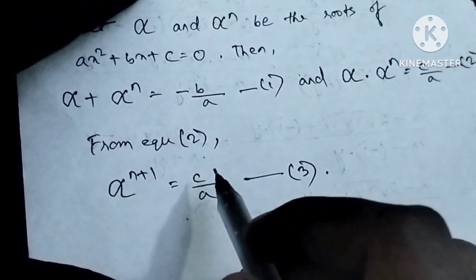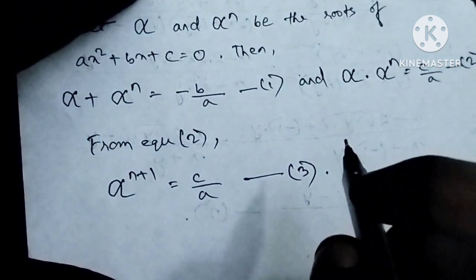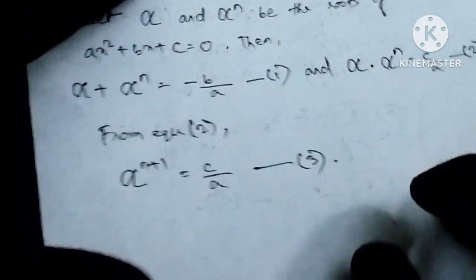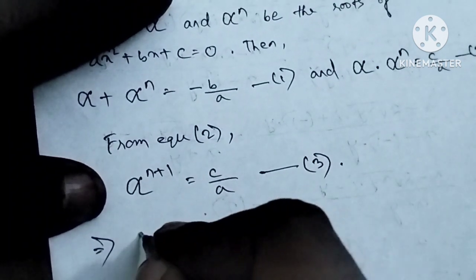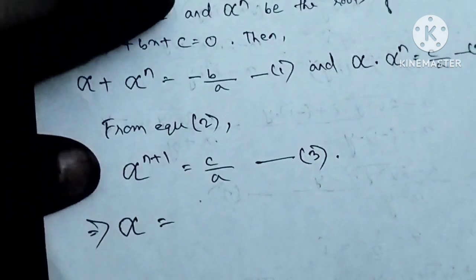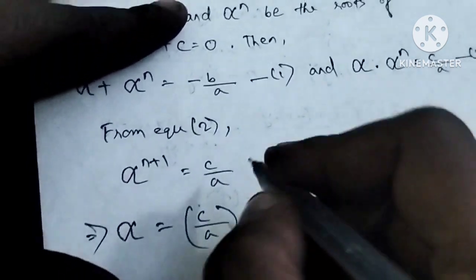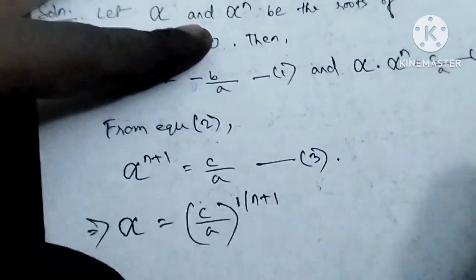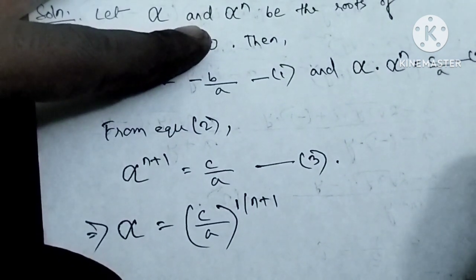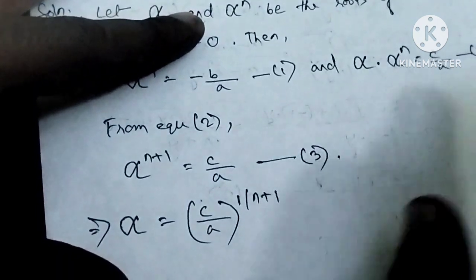So now alpha can be written as c by a to the power 1 by n plus 1.